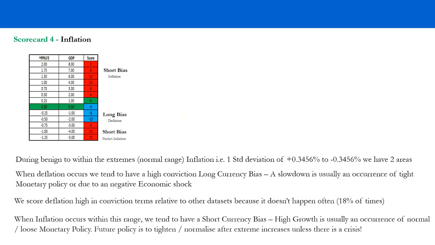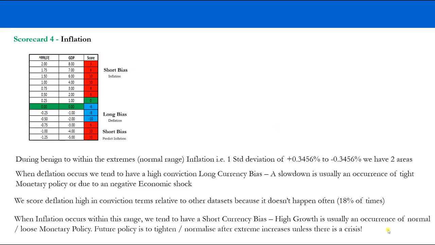It only happens in total in 18% of times, 18% of months. And when inflation occurs within this range, we tend to have a short currency bias, and high growth is usually an occurrence of normal or loose monetary policy. And future policy is to tighten or normalize on extremes, so extreme positives outside the normal bound.